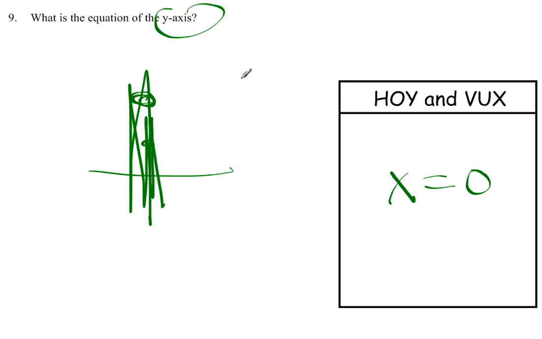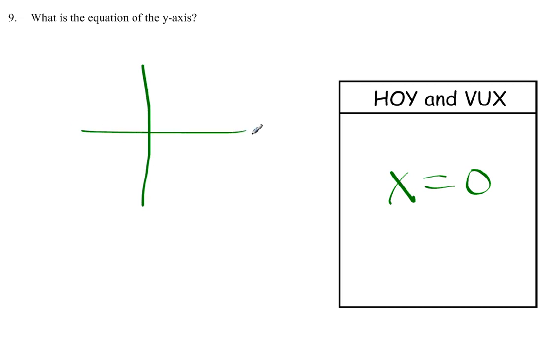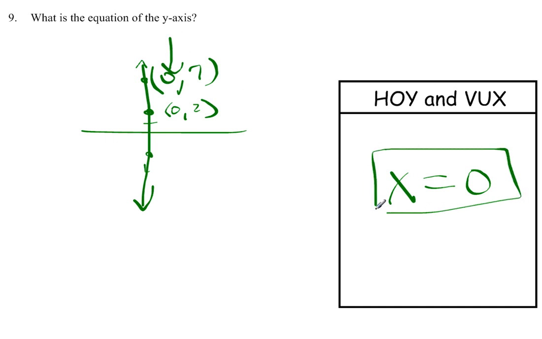That's pretty sloppy, but I have a perfectly straight line going up and down, and we have any point on there like 0 to the right, 7 up, let's say, or 0 to the right, 2 up. Get the idea? Everything on this y-axis has an x value of 0. That's why our equation is x equals 0.